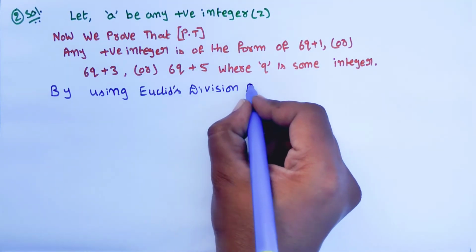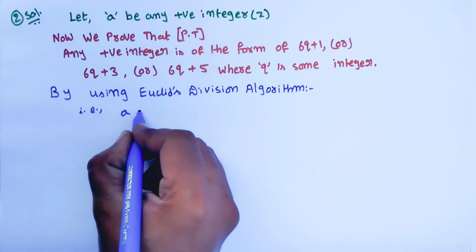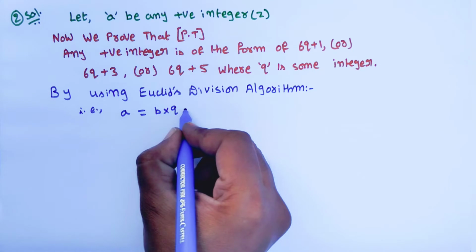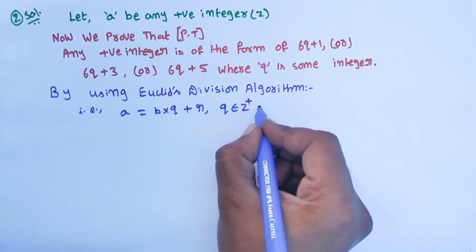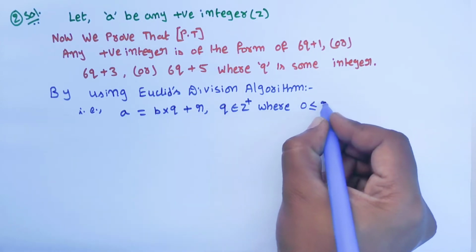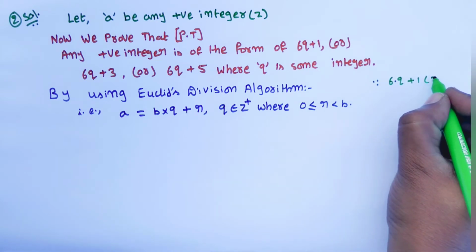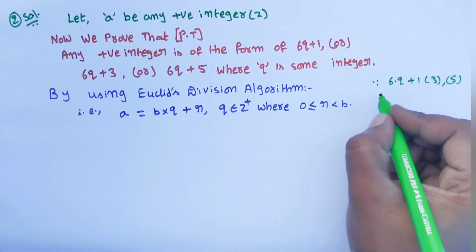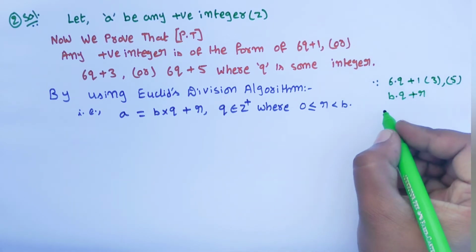By using Euclid's division algorithm, that is a equals b into q plus r, q belongs to Z plus, where 0 is less than or equal to r, less than b, comparing 6q plus 1, 3, 5, that is comparing with bq plus r.